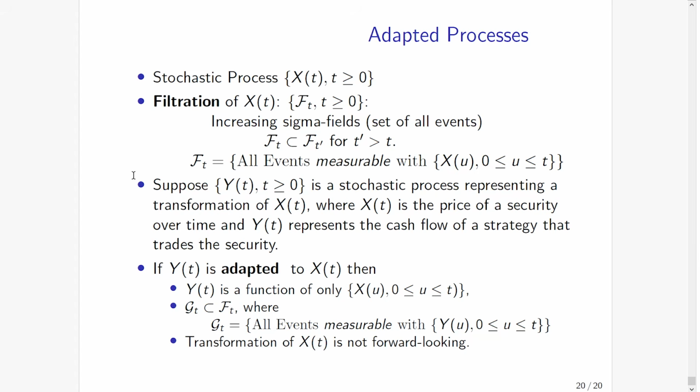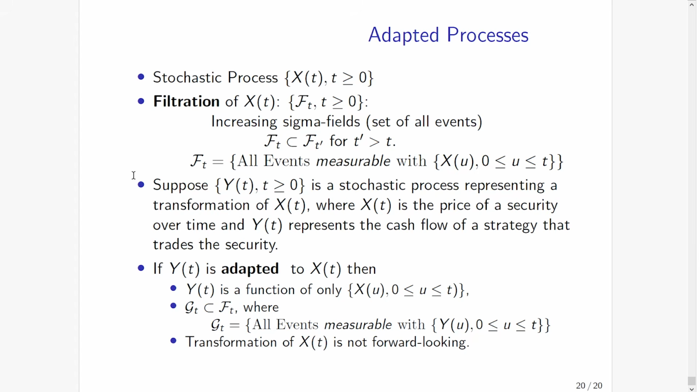And we can think of x representing the prices of a single asset or a collection of assets as it varies over time. Then as we let time increase, there are events that relate to what has happened so far. And we can think of script f sub t to be the information on realizations up to time little t.